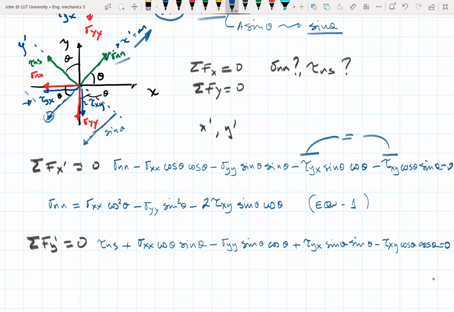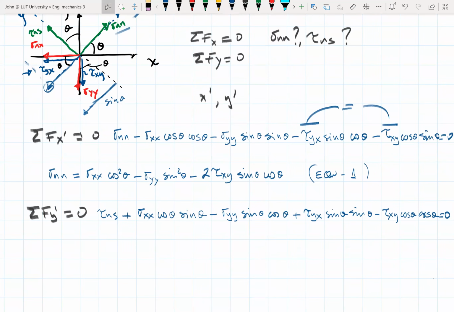Then if I group terms and put things on the right side of the equation, I would end up with this. Tau ns equals, let me see, let's group it right away. It would be tau xy, because of the reciprocity of shear stresses, times, this negative goes to the other side positive, cosine square of theta minus sine squared of theta.